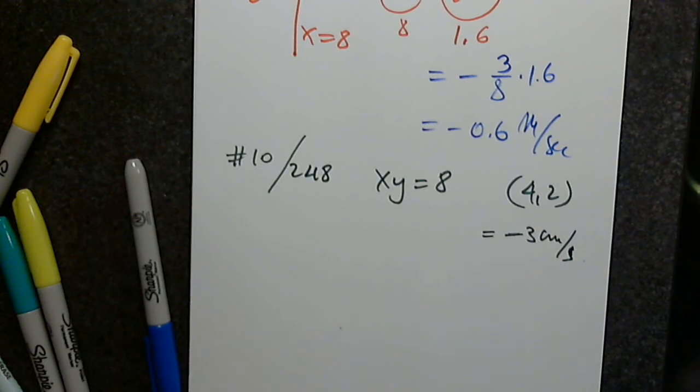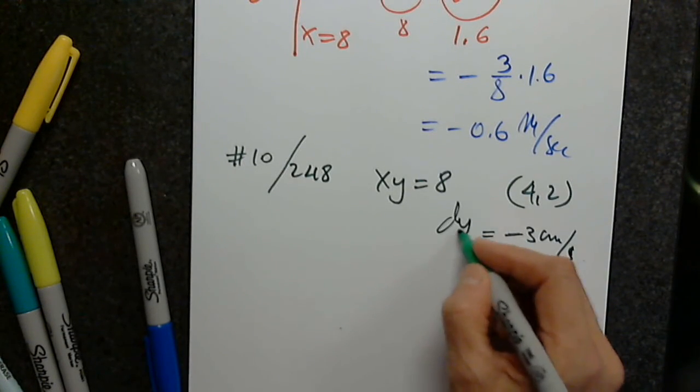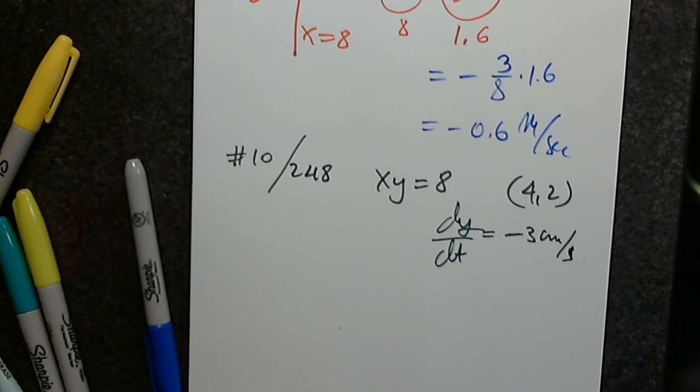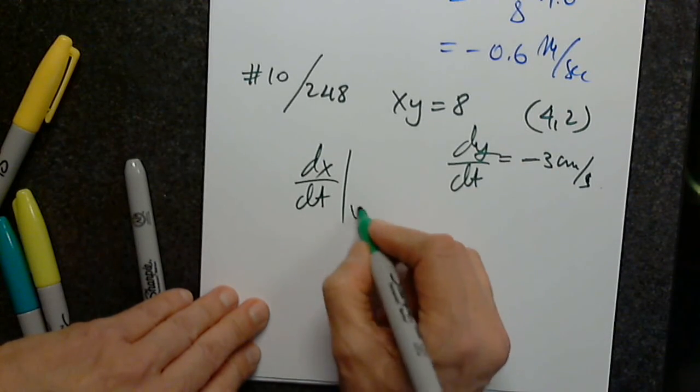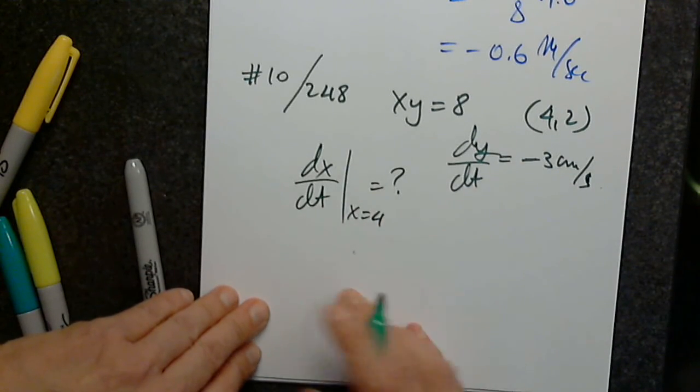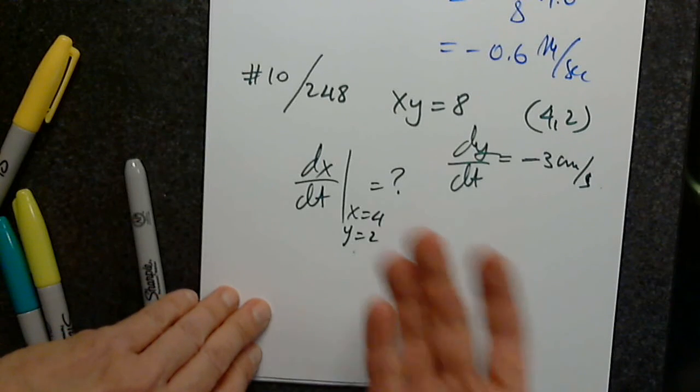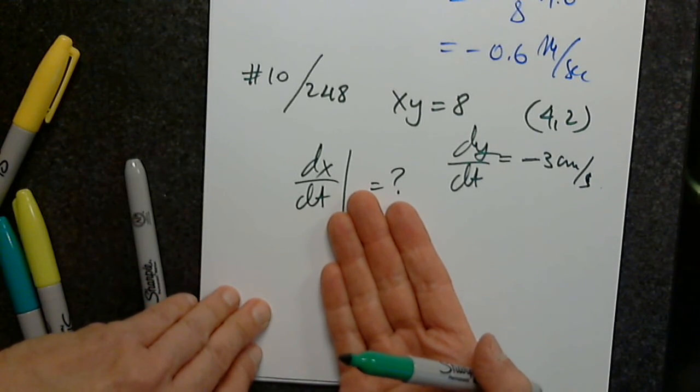So what does this mean? How fast is the x-coordinate at that point changing at that instant? So what am I asked to find? Good. When x is 4 and y is 2.